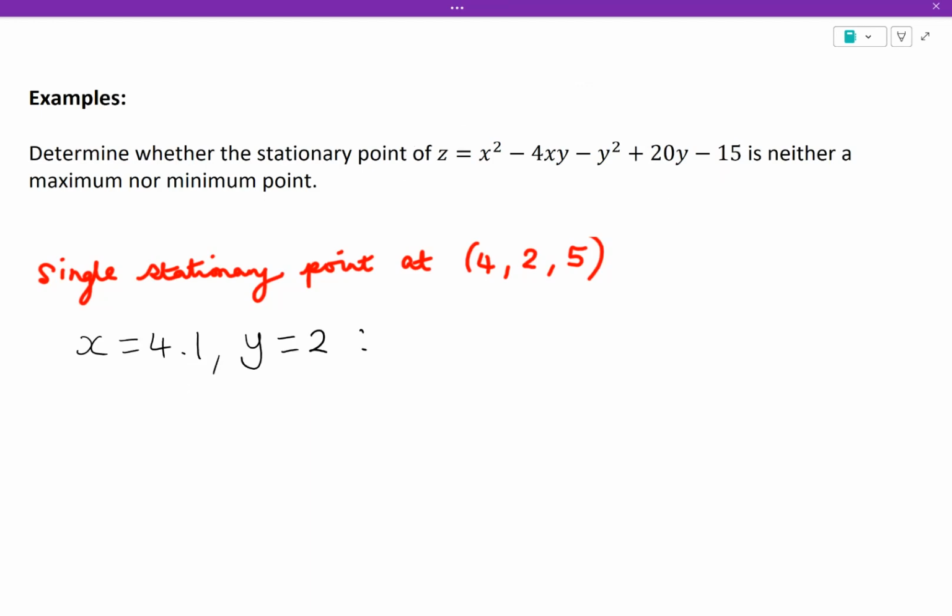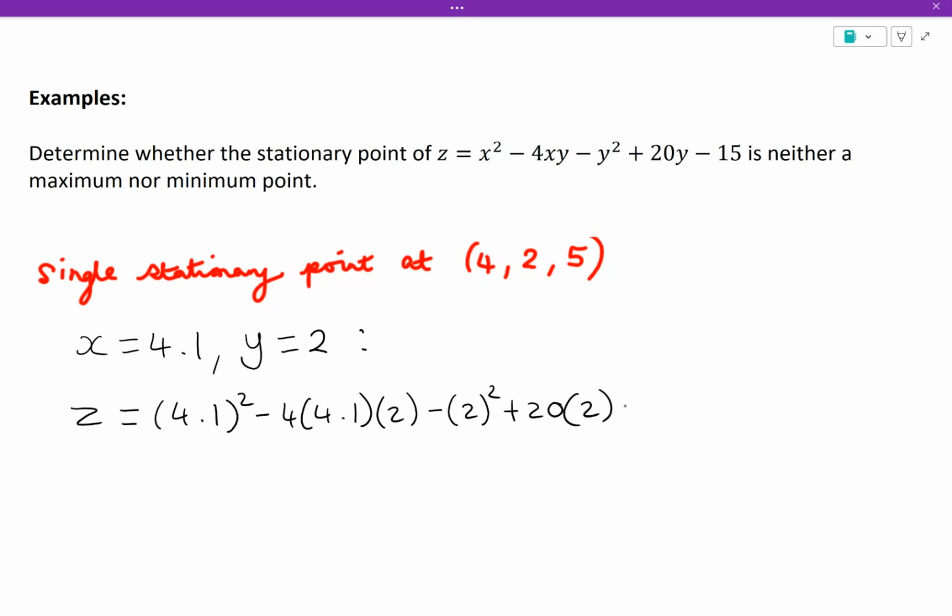So we're going to get z is equal to 4.1 squared, subtract 4 lots of 4.1 times 2, subtract 2 squared, plus 20 times 2, subtract 15. We're going to put it into the calculator.